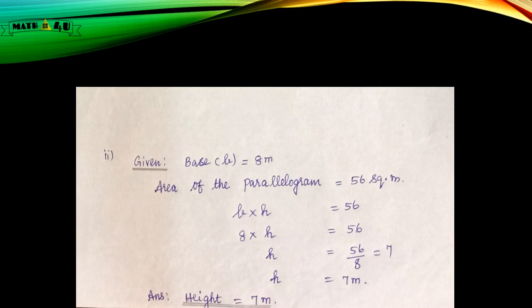Therefore, in the place of B, substitute 8. 8 into H is equal to 56. Therefore, H will be equal to 56 divided by 8. If the multiplication goes to other side, it will become division. What is 56 divided by 8? That is equal to 7. H is equal to 7 meter. Therefore, height is equal to 7 meter.